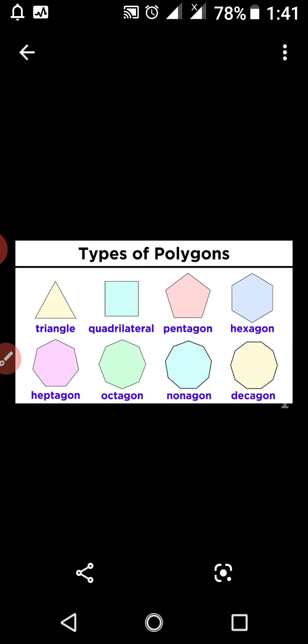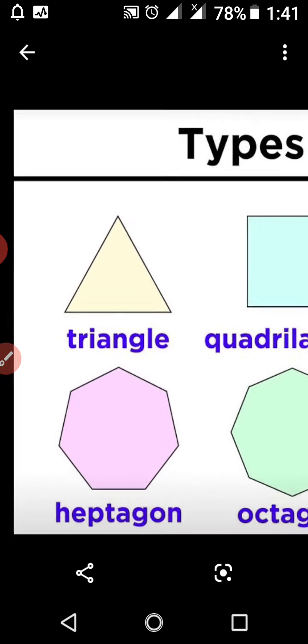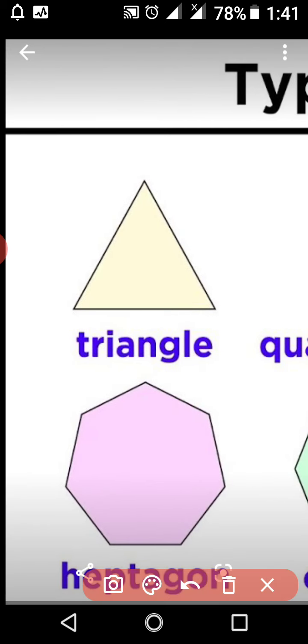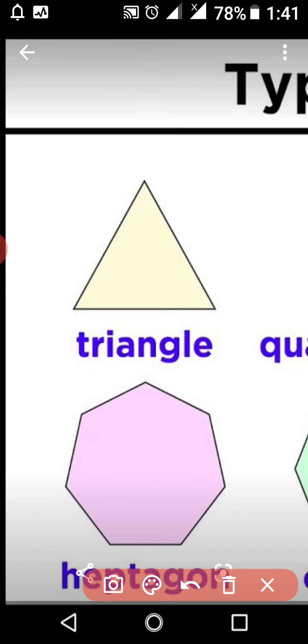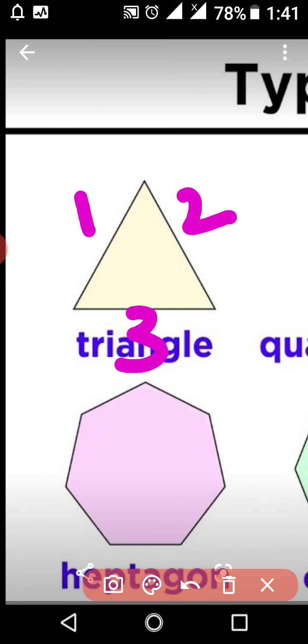If we take the first one, here the number of sides we have is 3. 1, 2, 3. So the polygon which has only 3 sides is known as a triangle.